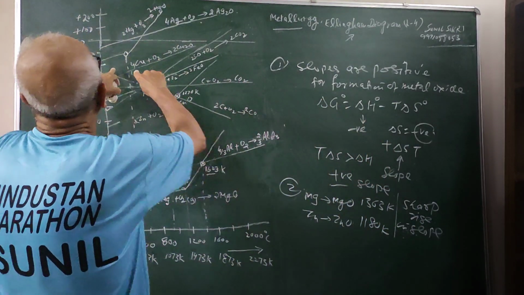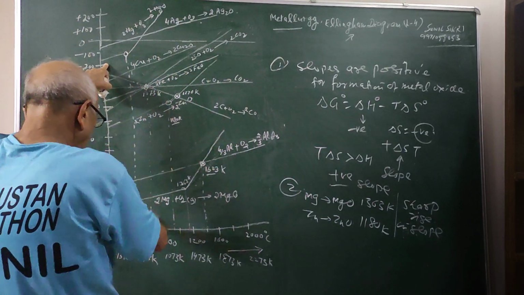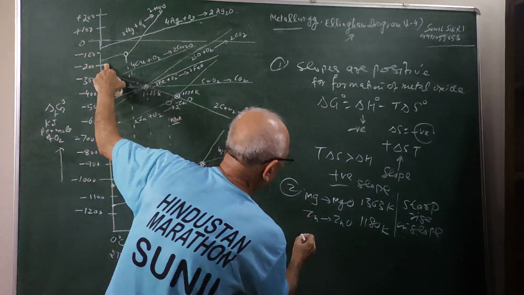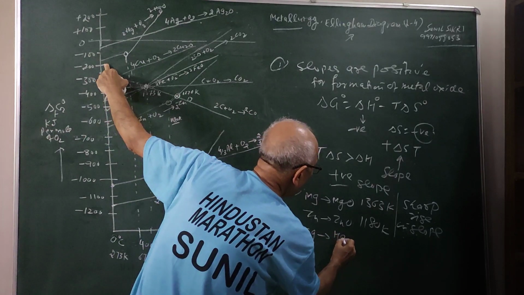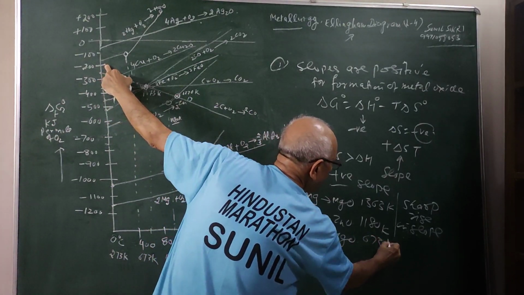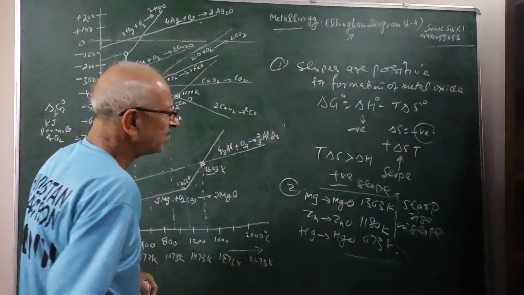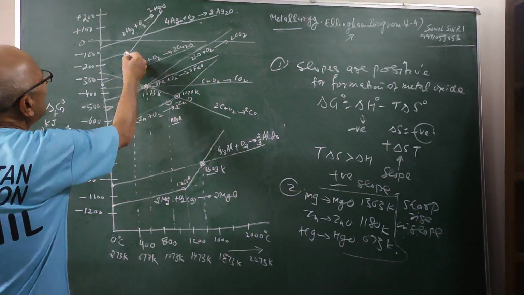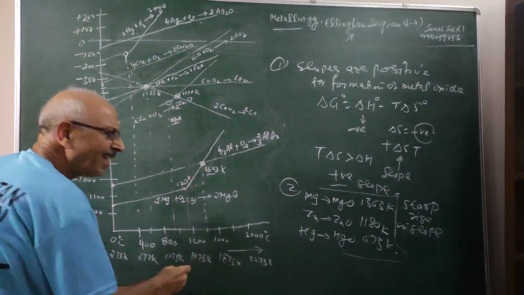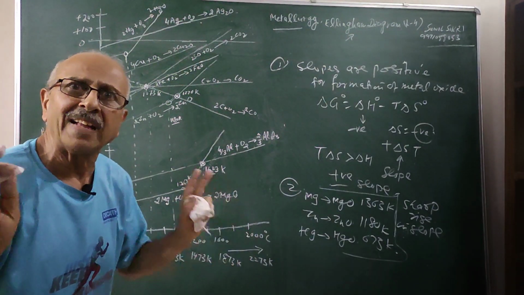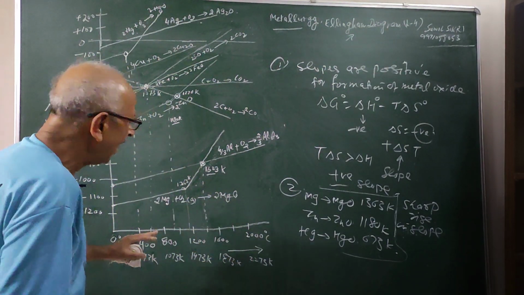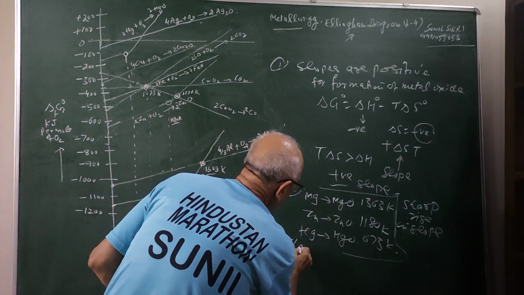For mercury to mercury oxide, around 673 Kelvin, there is a sharp increase in slope. Why do we see a sharp increase in slope, which I have shown by circles, students? This diagram is given in the NCERT book also, and here there is a change in state.